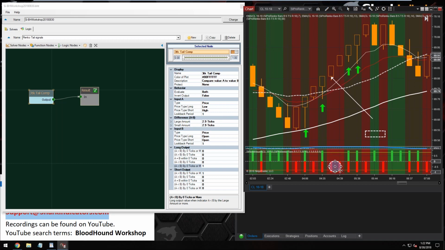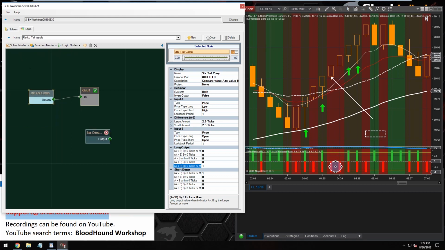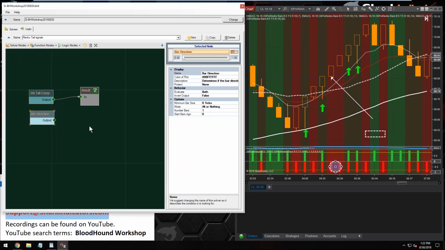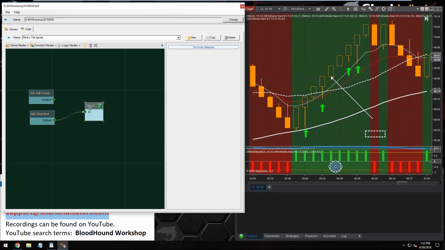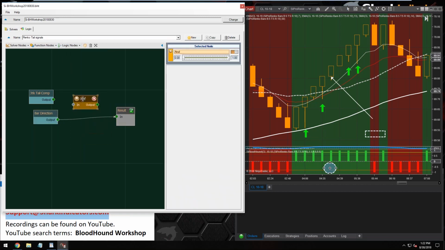We need to filter this short output, and that would simply be a bar direction. We can grab a bar direction. If we connect that in, with the bar direction, we can see there's no short output. No short output anymore.